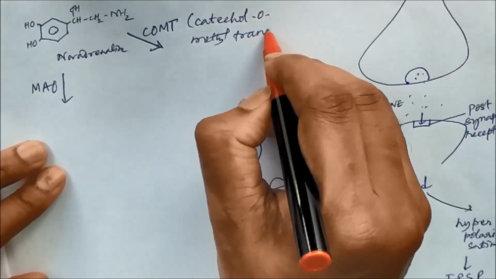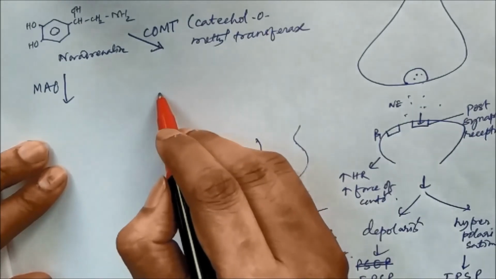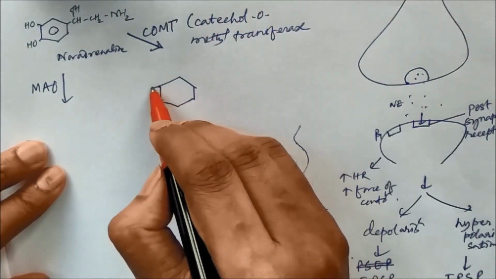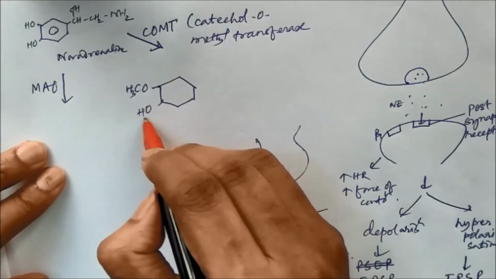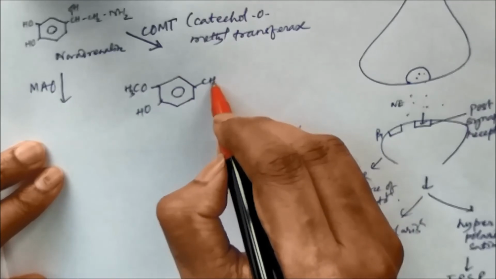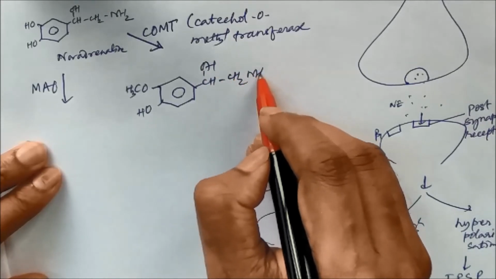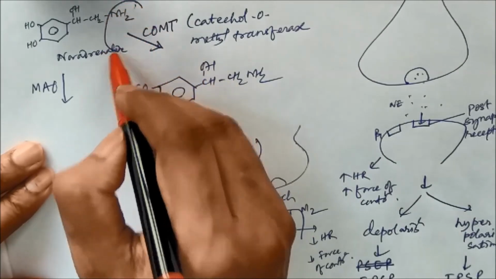So these 2 enzymes act. Because of this, there will be methylation of this OH group, OCH3, and the rest will be the same. And because of the monoamine oxidation, there will be oxidative deamination.